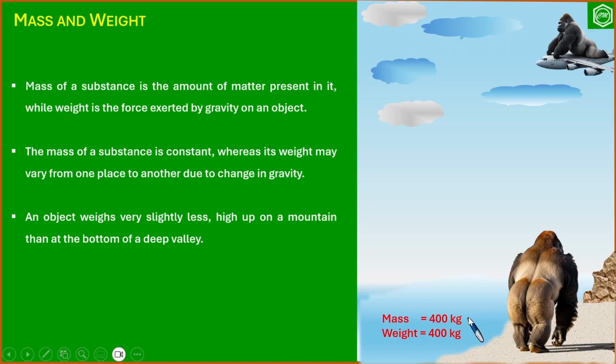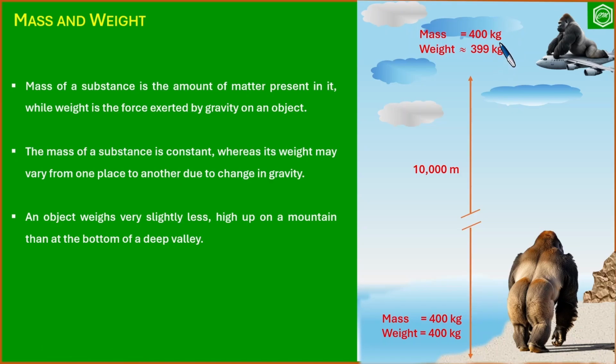Now imagine that he is flying at an altitude of 10,000 meters on top of an aeroplane. Then his weight will be slightly less, say approximately 399 kilograms. But his mass will remain the same, that is 400 kilograms.